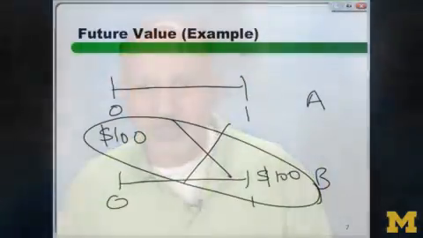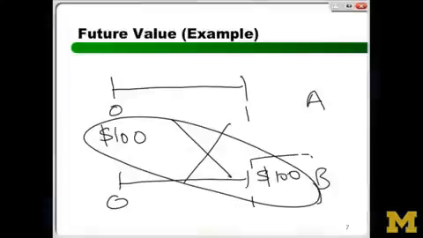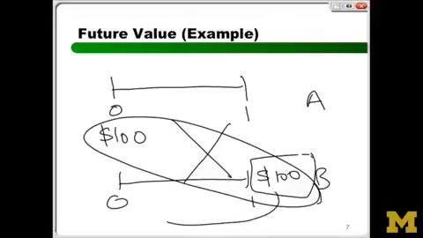What is already in the future? We know that this is already in the future. So the question is, I cannot compare this to this at time 0, but what can I do? I can either bring this back to time 0, or carry this forward to the future.